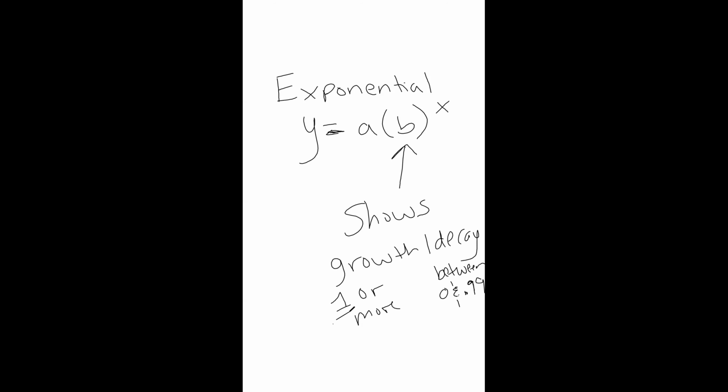So let me go over that. That was kind of ugly. Growth, if you're looking at B, if it's 1 or more, then it's a growth. If it's between 0 and 99 cents or 0.99, then it's a decay. And the way I like to think about this is with money. So let me give you an example. If we had y equals 3 times 1 to the x, this number is 1 or more. So this is a growth.